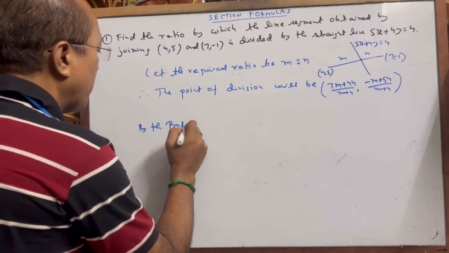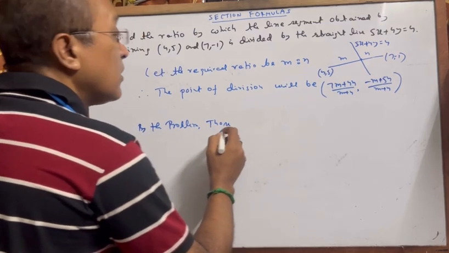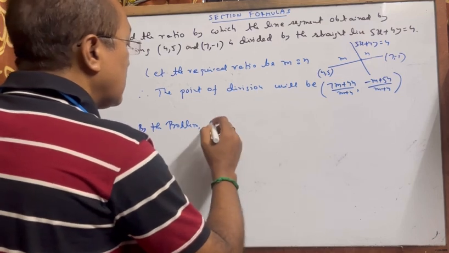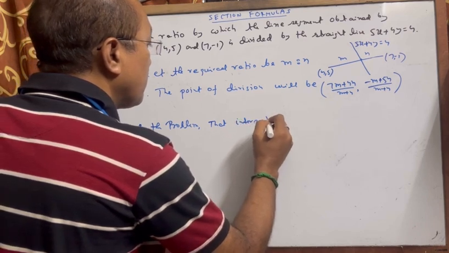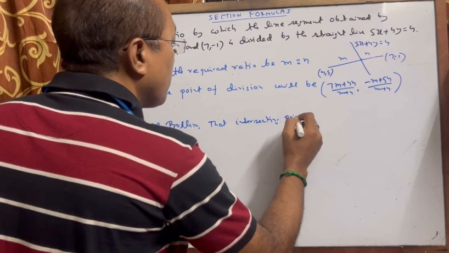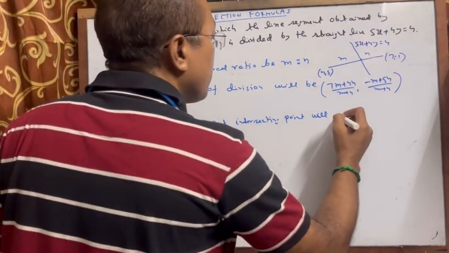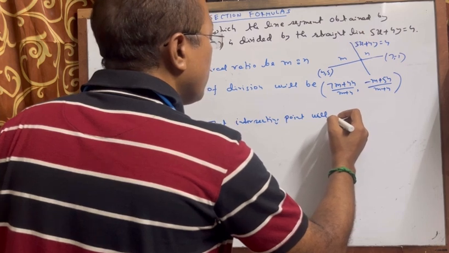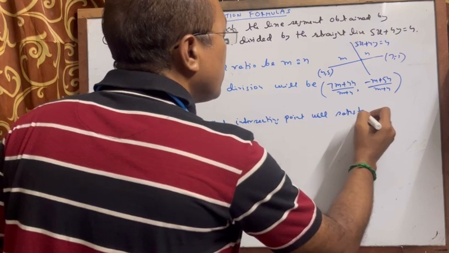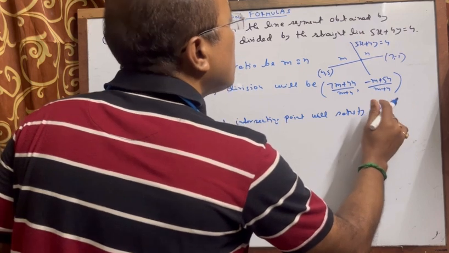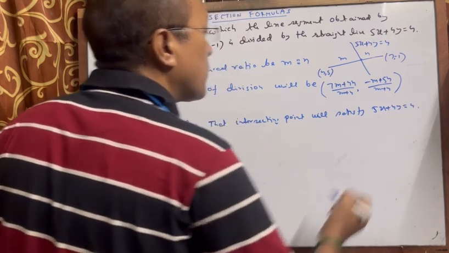By the problem, that intersecting point will satisfy 5x plus 4y is equal to 4, right?